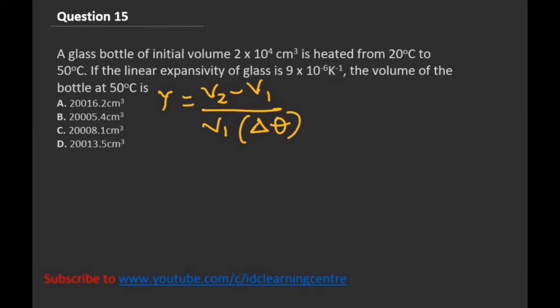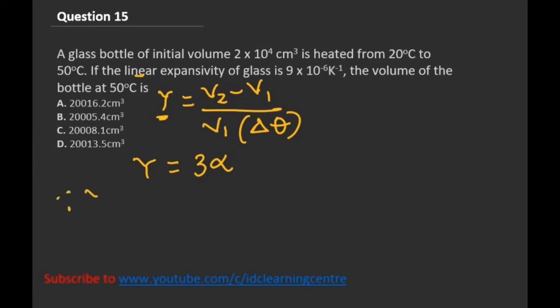Take note of that. Now, the cubic or volume expansivity and the linear expansivity are related as this. So volume or cubic expansivity equal to 3 times linear expansivity. Take note of that.